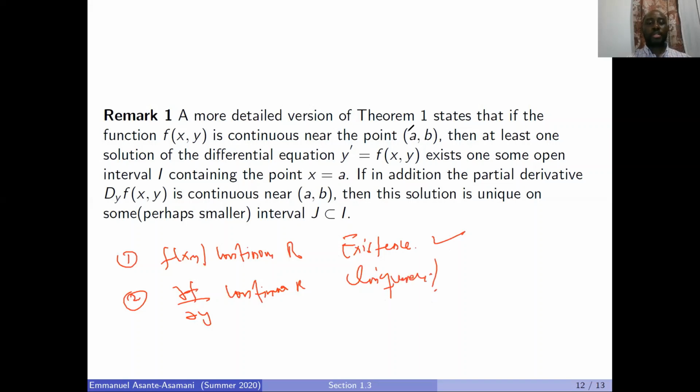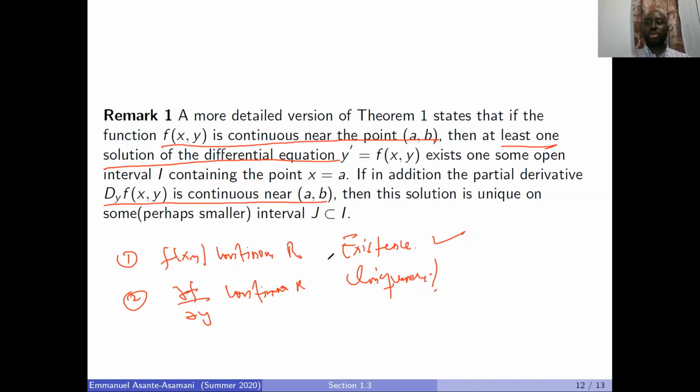That's exactly what this is saying: if my f of x, y is continuous, then at least one solution exists, which is existence. But you only have uniqueness if in addition the partial is also continuous.